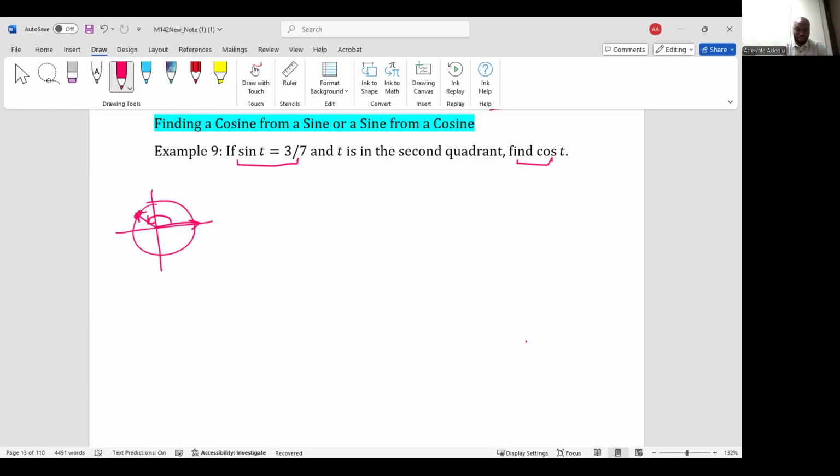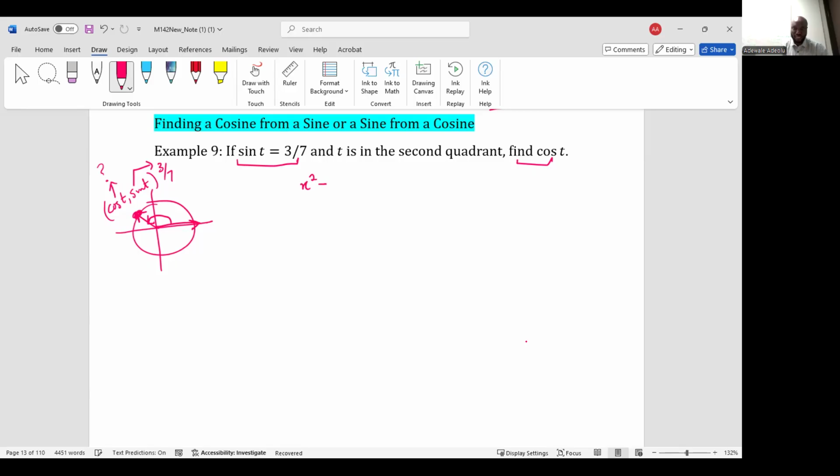Remember, this is the terminal point where we have cosine of t, sine of t, or x comma y. Now we have been given sine of t to be 3/7, and we need to find cosine of t. We do know one thing that brings the two together, and that is the Pythagorean identity.